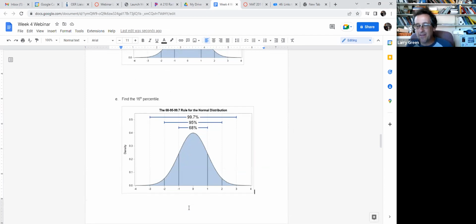I'm going to give you about a minute to give it a shot. If you have questions, pop in the chat box or ask, and I'll give you a hint. But hopefully you can do this. The hint is it's in a very similar way. So let's see if we can find the 16th percentile of the standard normal distribution.